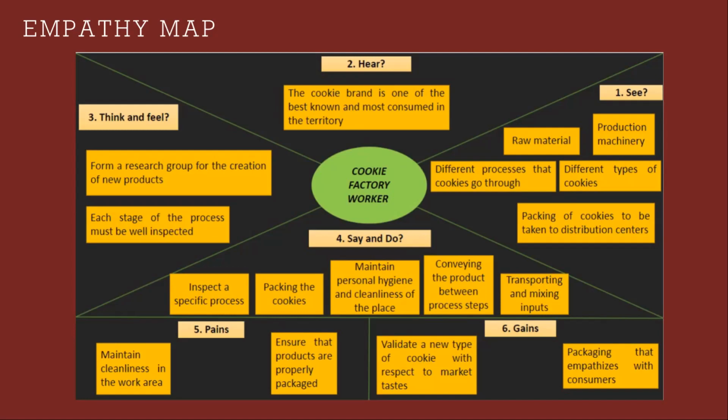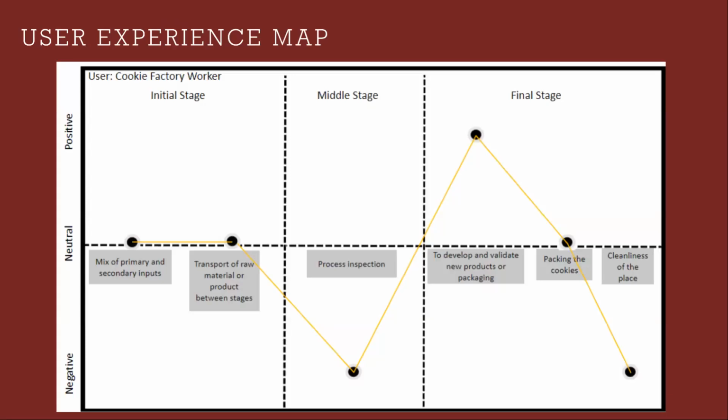the user experience map. With this map, we ask the worker how he feels about this cookie processing system. When we asked him about the mixing time and the wire cutting and all the things that happen before him, he responds with neutral answers, which means that he doesn't really have a formed opinion about that.